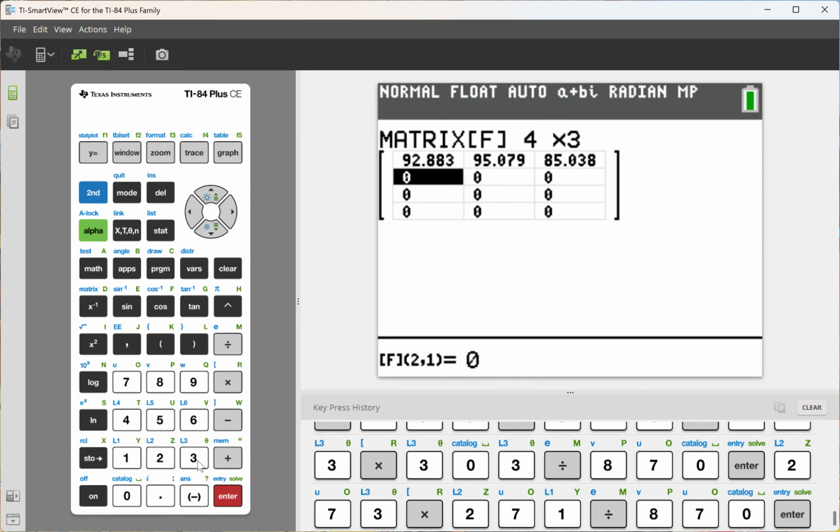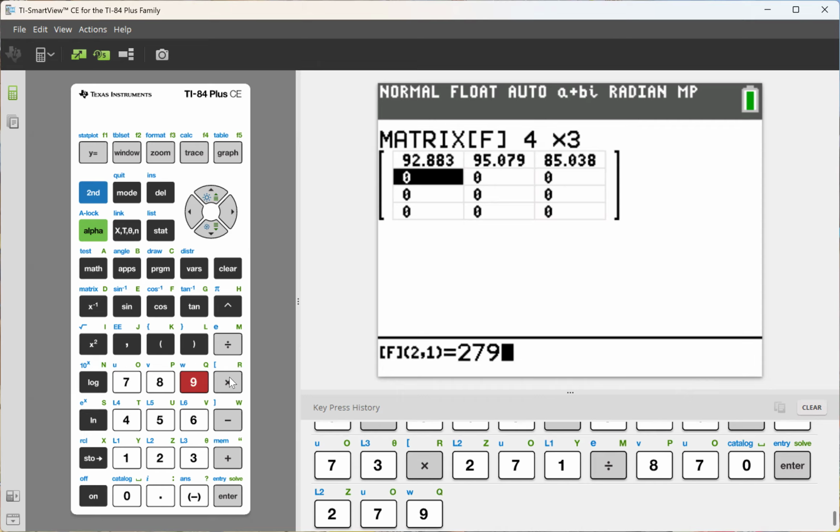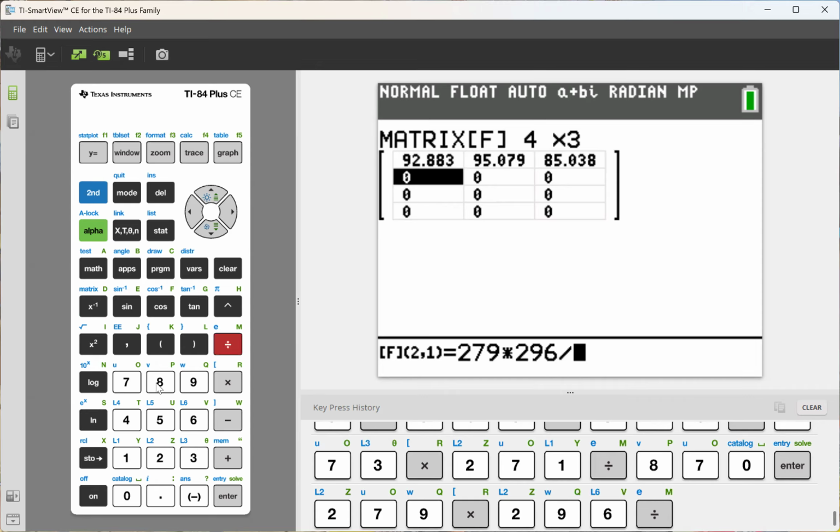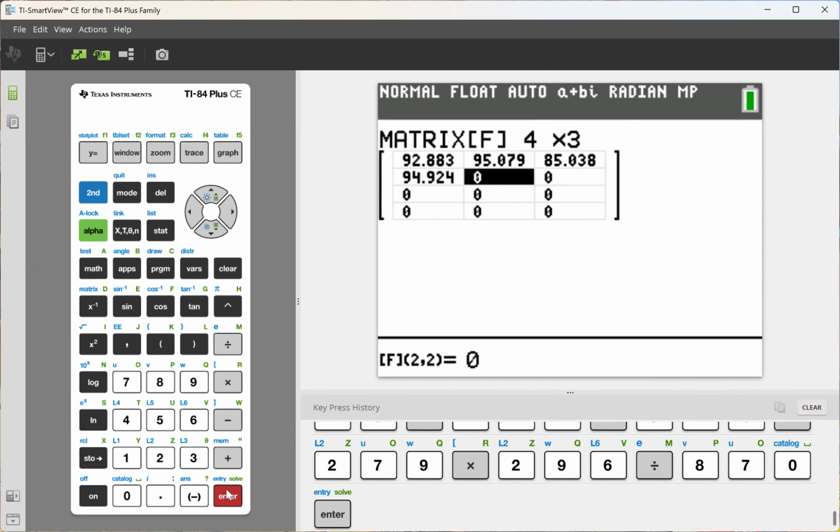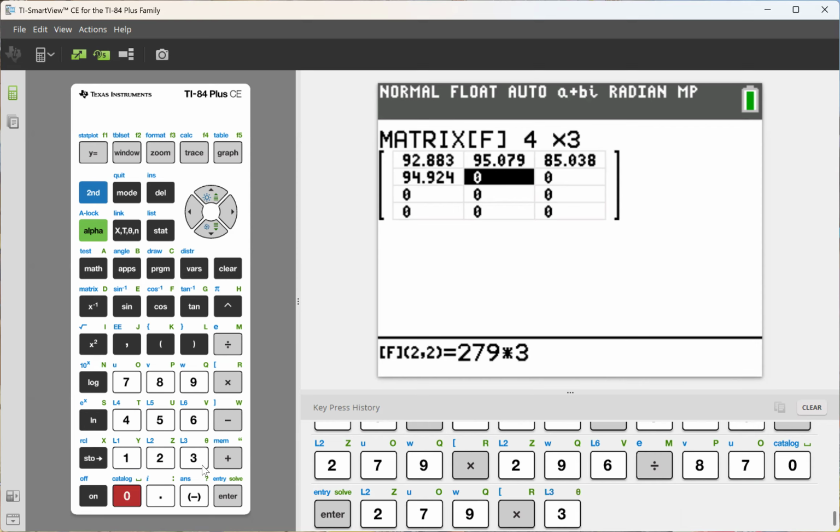Let's continue with the second row. 279 times 296 divided by 870. 279, which is the row total, times the column total, which is 303, divided by the total, 870.